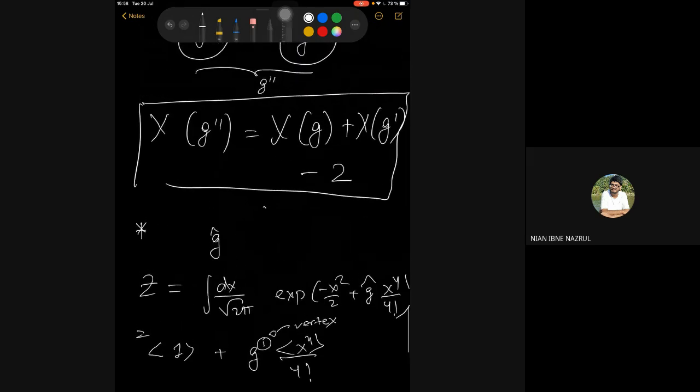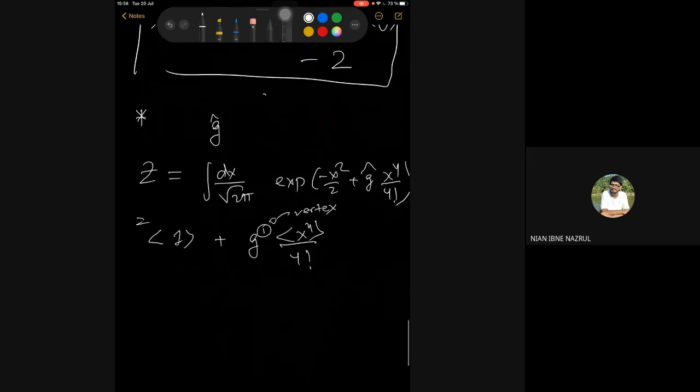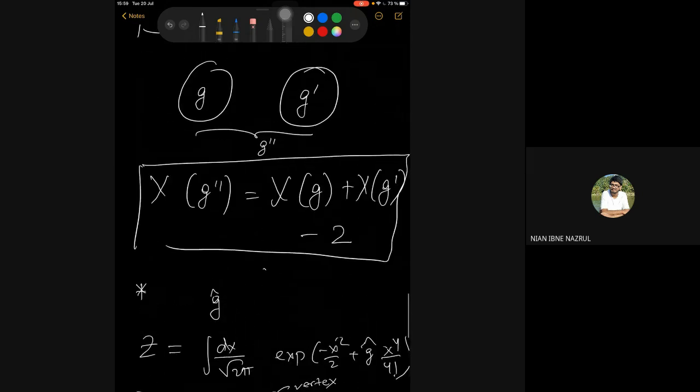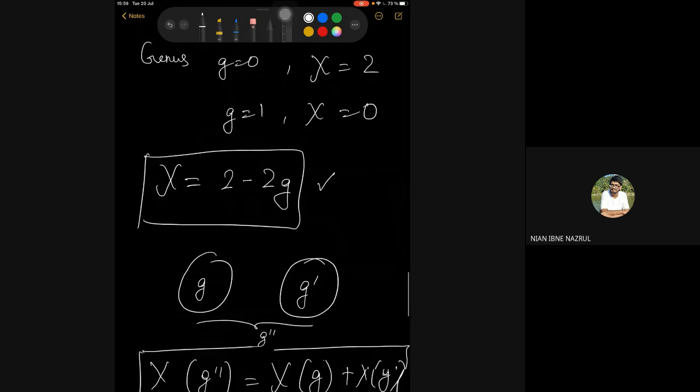It depends on the valency. So in this way, you can count the number of vertices and edges, but there is no complete tool to count the number of faces. So we need to develop a tool for faces. If we have a number, or something to keep track of the faces, then it basically solves our problem.